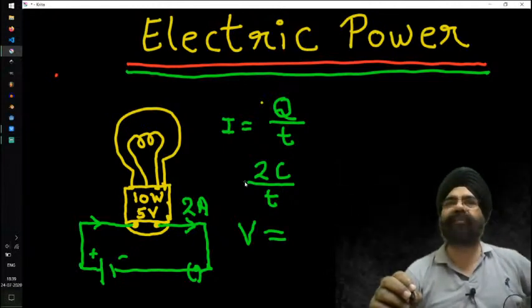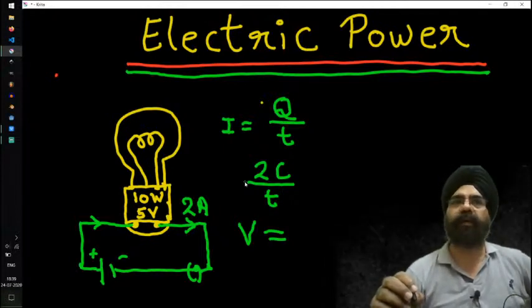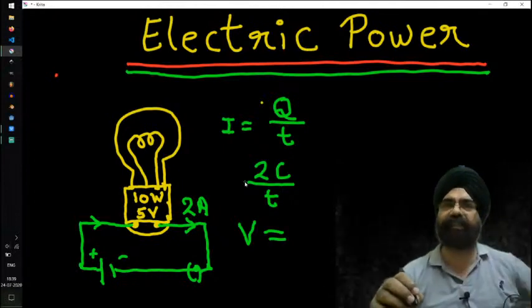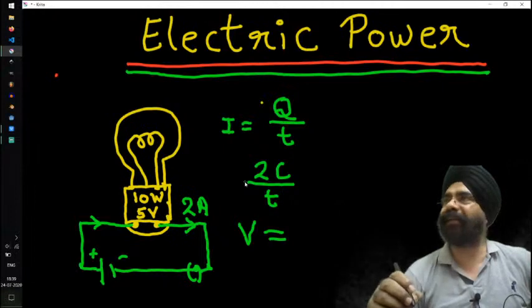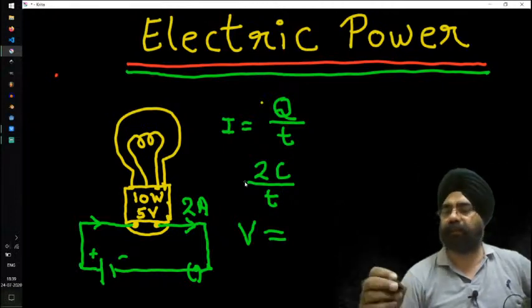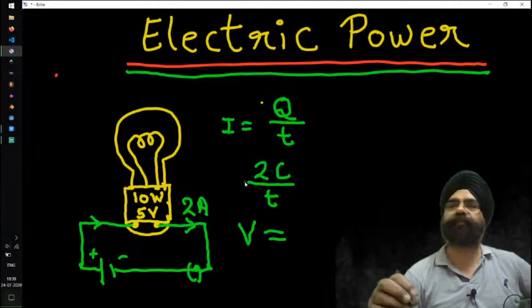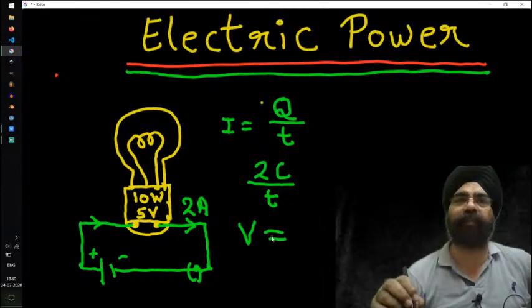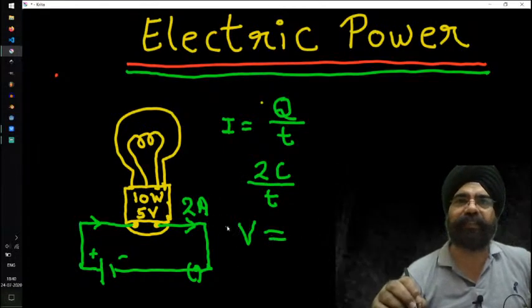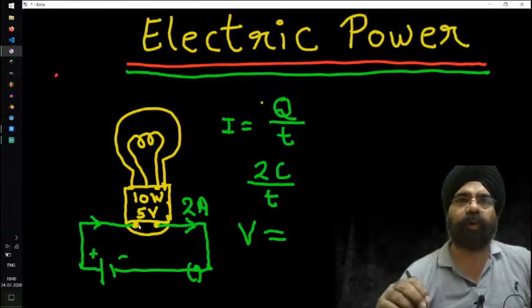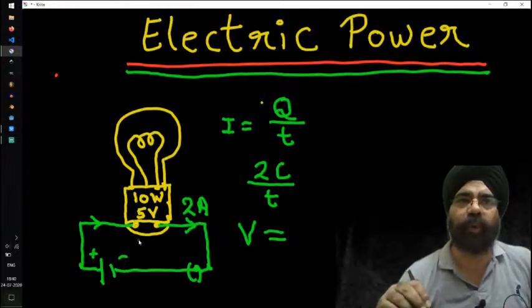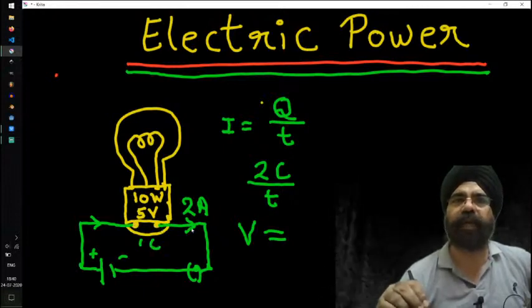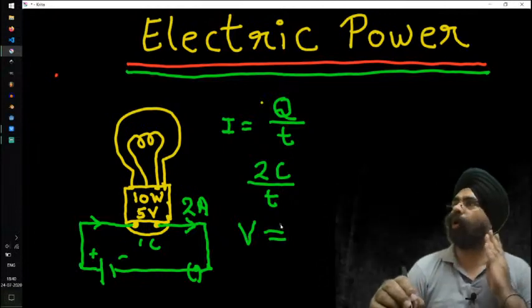I had done all kinds of actings also on the board. I had pushed charges just so that you remember what potential and potential difference is. So if you could tell me that definition instead of giving me the mathematical relations, that would be better. Most of them say V is equal to IR. So I tell you, if you don't remember, it means that to transfer 1 coulomb of charge from this point to the other point, I need to do 1 joule of work.